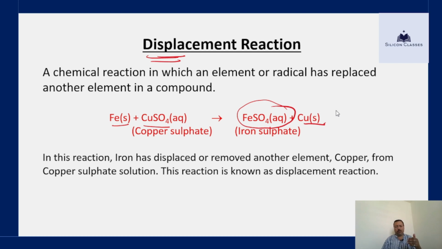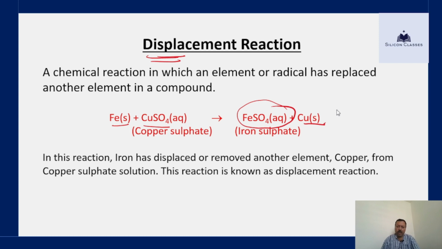So what we are learning here: in the activity series, the reactive component should come first, and the less reactive component will come below. The reactive component will displace the less reactive component from its compound or any salt to form the corresponding salt and the corresponding solid of the less reactive component.